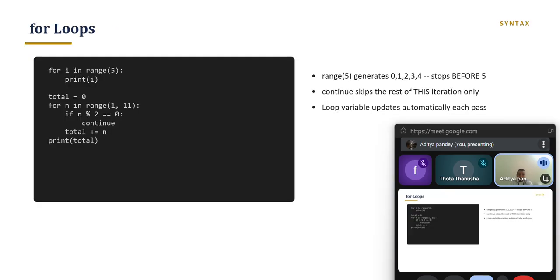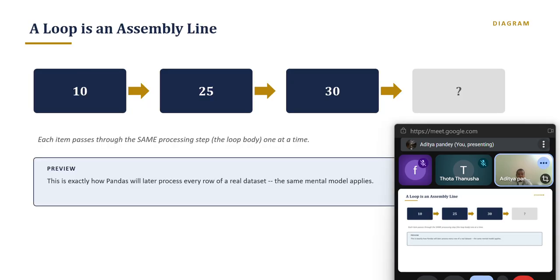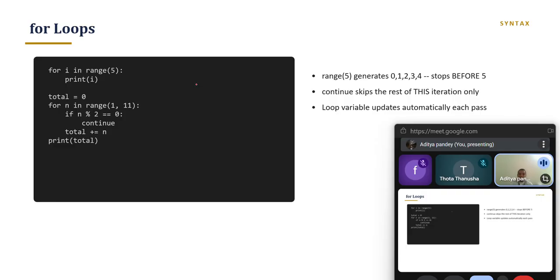Then in the loops, we saw one example that we have to print 1 to 100. We printed that day. What we wrote: for i in range, 101 we put, because when the i value becomes 101, it will check here and it is also 101. Then it will come out, it will not go inside and print i. Understood?